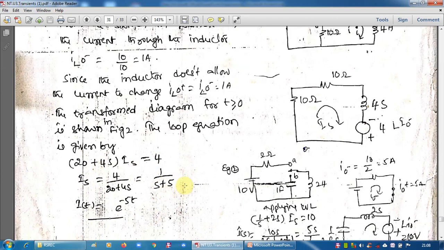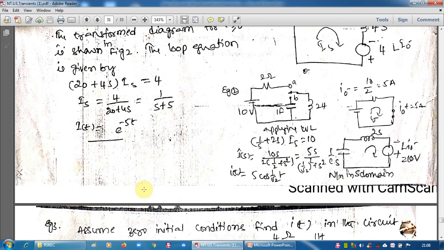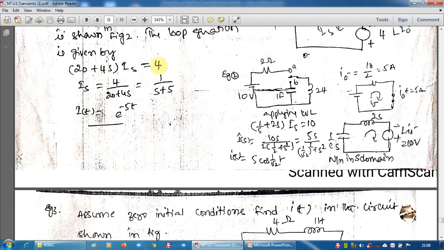If we get a big expression, then the inverse Laplace transform involves some procedure, like partial fractions and other functions that you have studied in mathematics. By using those, we have to apply the inverse Laplace transform. That is the only difficult part here, the application of inverse Laplace transform.